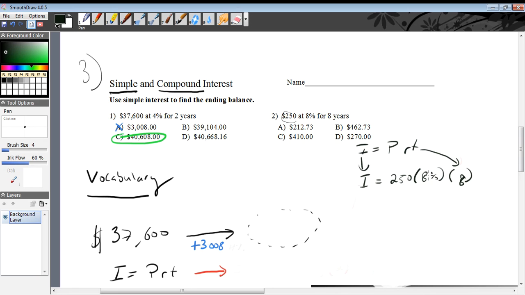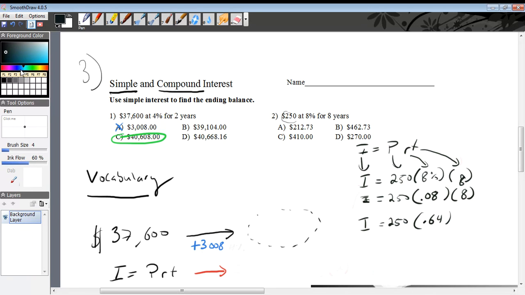So now let's turn 8% into a decimal, which is 0.08. Now we'll multiply all these together. I suggest multiplying these first, so it's going to be 0.64 times 250. And then that's going to be our interest.